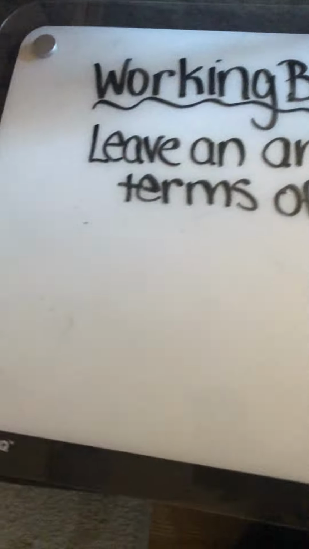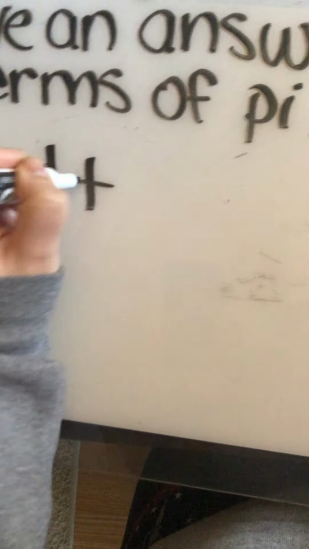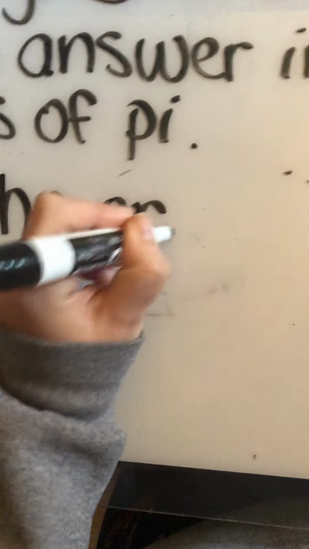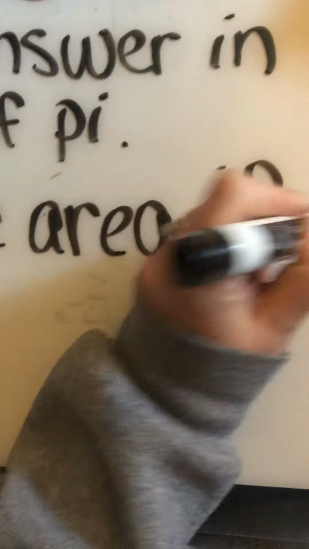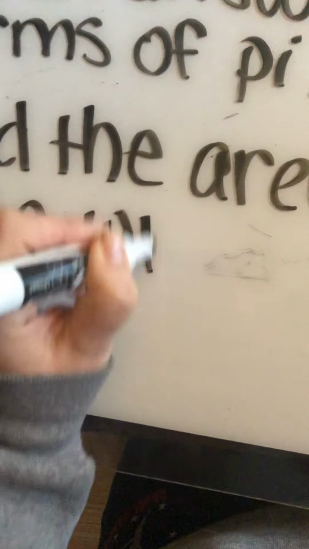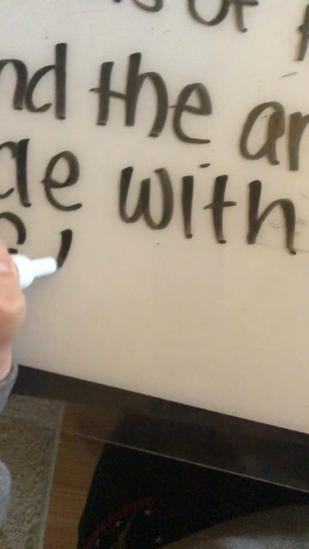So the same idea could be understood, but instead of finding the circumference, we could find the area. So for example, find the area of a circle with a radius of 4, right?